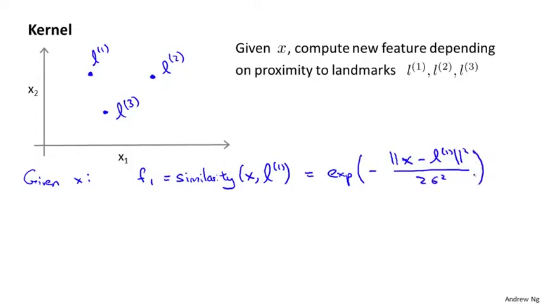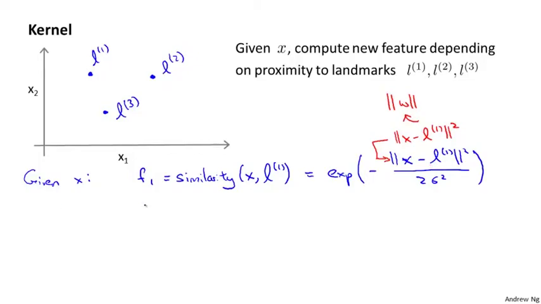So depending on whether or not you watched the previous optional video, this notation is the length of the vector, and so this x minus L1 squared is actually just the squared Euclidean distance between the point x and the landmark L1. I'll say more about this later.